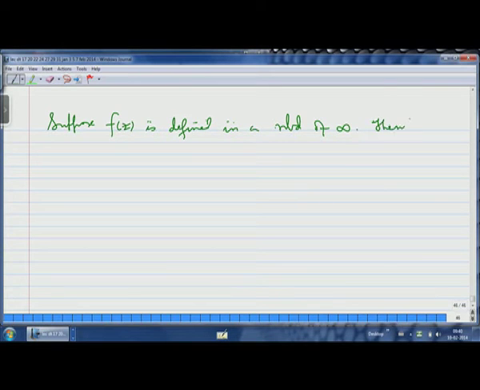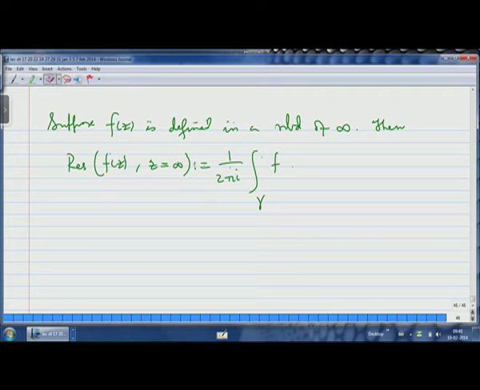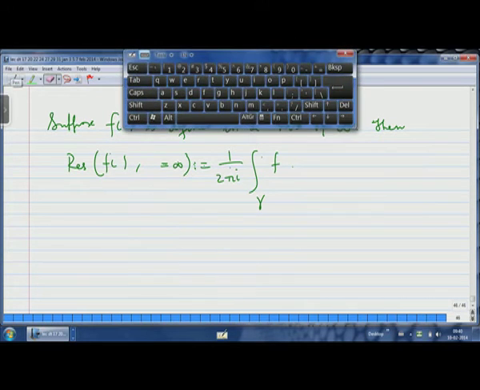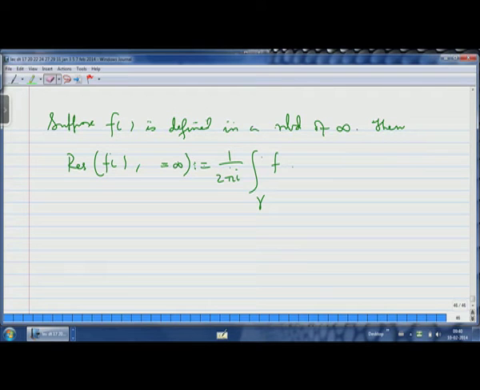Then the residue of f of z at z equal to infinity is defined to be, so I put a colon and equal to, 1 by 2 pi i times the integral over gamma. So let me change notation to f of w, because I will need to appeal to something else, namely I need to appeal to changing the variable to 1 by z.